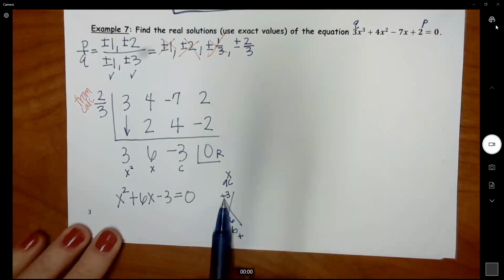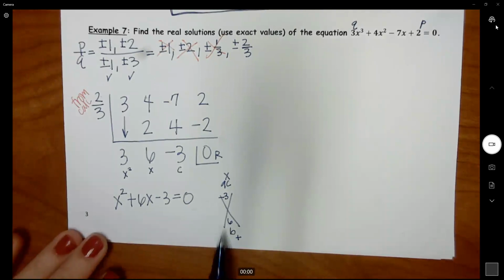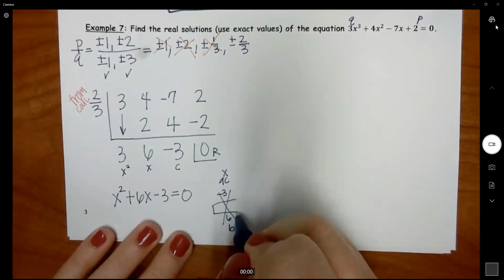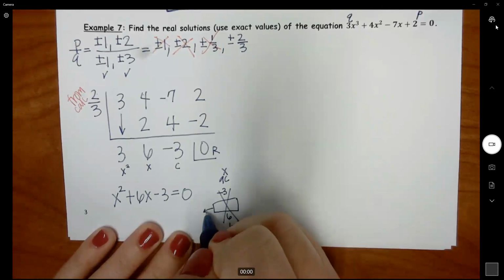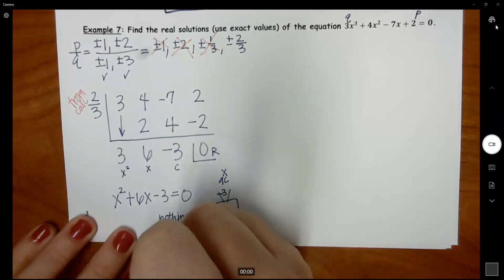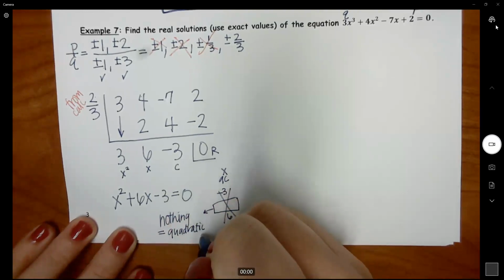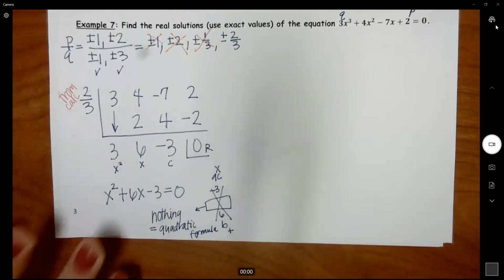Your only multiples to get to negative 3 is negative 3 times 1 or 3 times negative 1. Neither of those add up to 6. So because there is nothing, this means we have to use the quadratic formula.